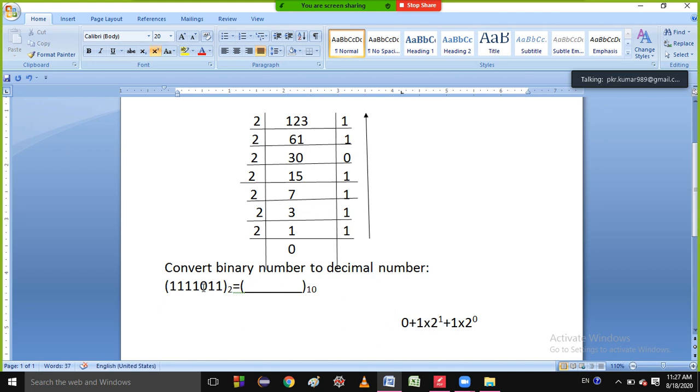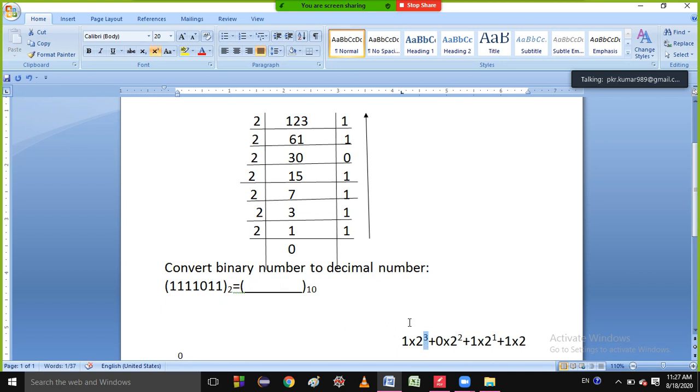Then again the next number will be 0. Then 0 multiply, what will be there? You tell me, 2 power how much should I write here? Very nice. You will write 2 power 2. Next one is 1 multiply, how much will you multiply?